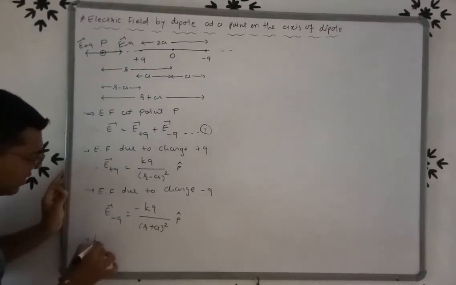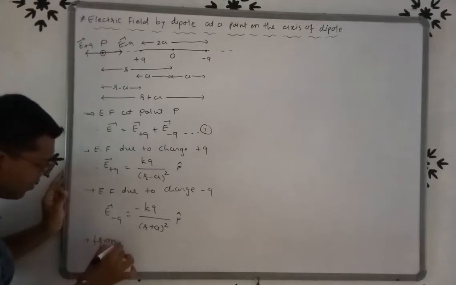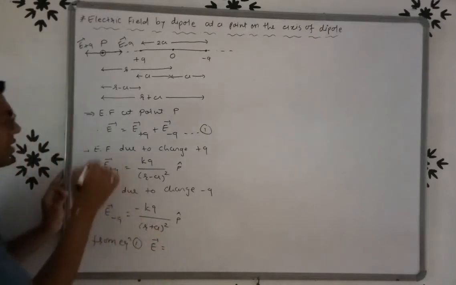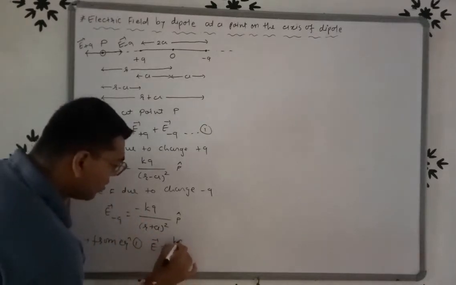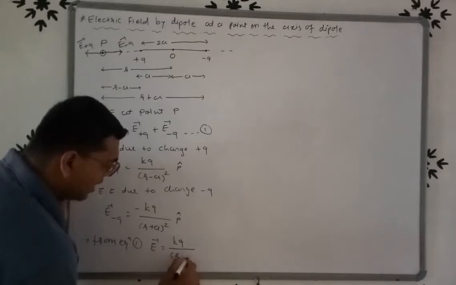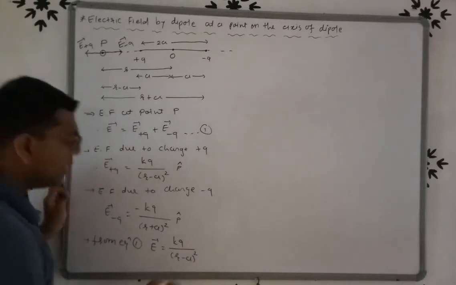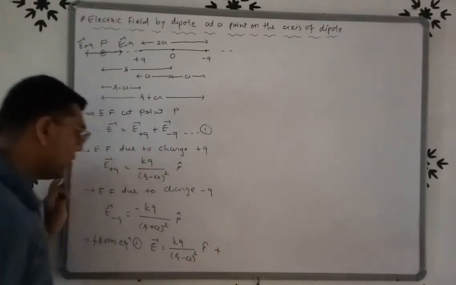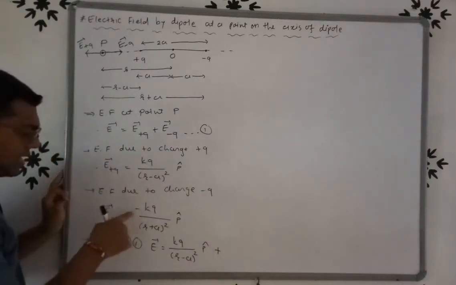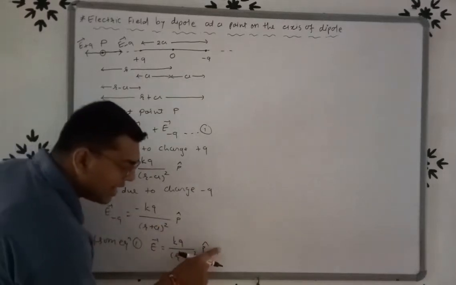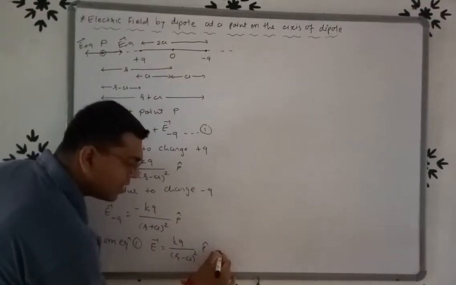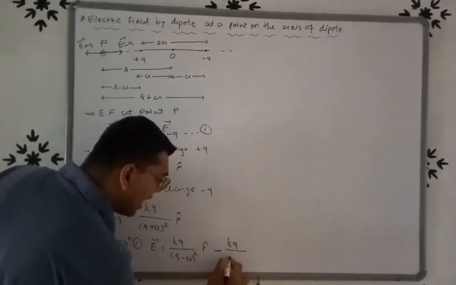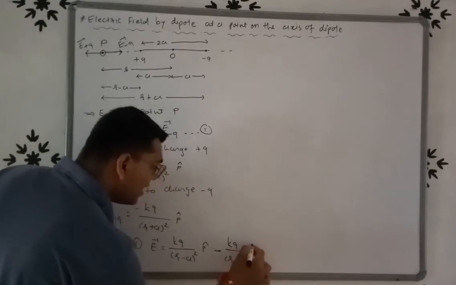So from equation 1, we write that E is equal to the value of E plus Q, kQ upon r minus a whole square into P cap, plus E minus Q. But see here, E minus Q is negative, so plus minus is minus. So minus kQ upon r plus a whole square P cap.